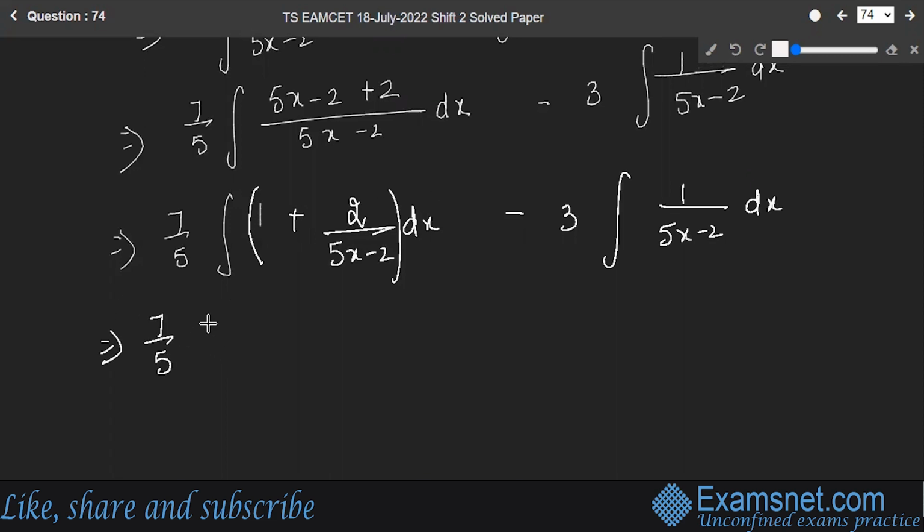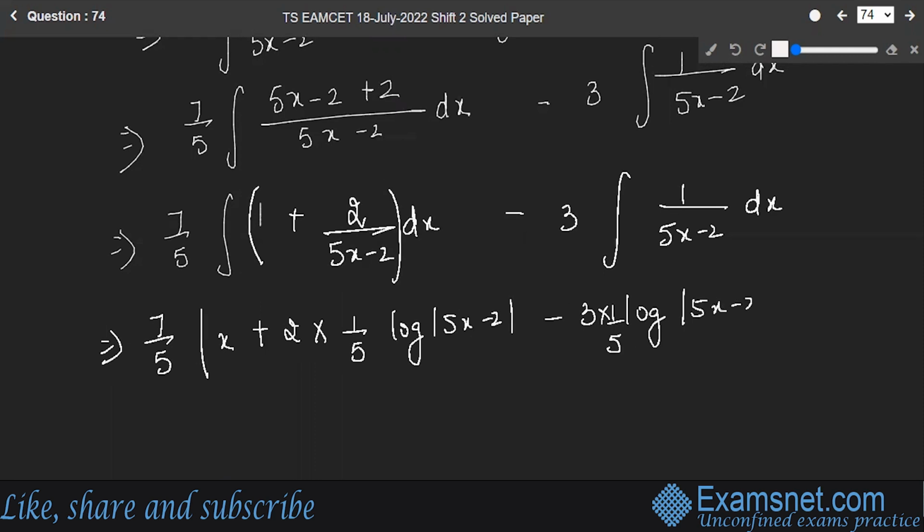So now let's find out the integral. Integral of 1 is x, plus 2 into 1 by 5 log of (5x minus 2), minus 3 into 1 by 5 log of (5x minus 2), plus the constant c.